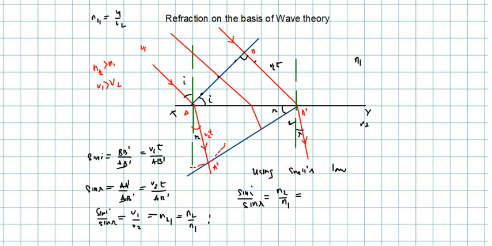Definitely the plane wave front, the refracted plane wave front and the normal all lie on the same plane. Hence, the law of refraction is proved according to Huygens wave theory of light.